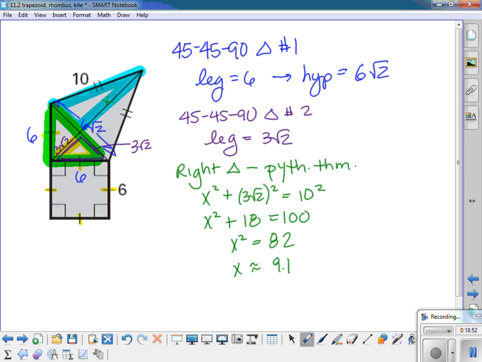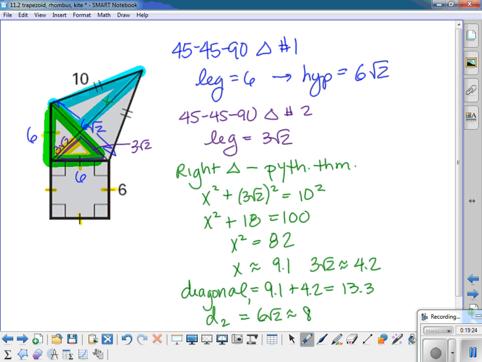And my 3 root 2 is approximately 4.2. So if I add those together, the longer diagonal, 9.1 plus 4.2, comes out to 13.3. And then my shorter diagonal, so I'll call that one diagonal 1, diagonal 2, we found up above, was 6 root 2.